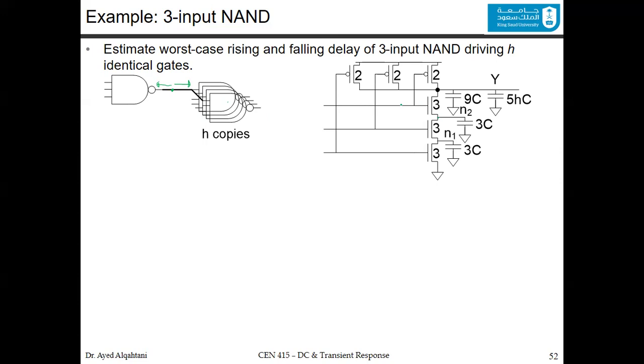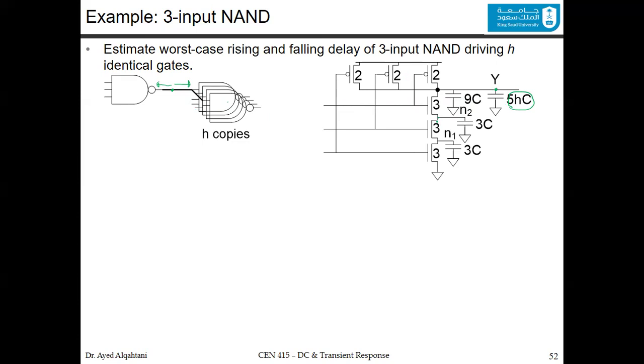So we calculated the 5C coming to the gate. So it's 5C multiplied by H. So this node, the total capacitance, they are in parallel. You can add them up and you say 9 plus 5H C. This is the capacitance in the node 4.